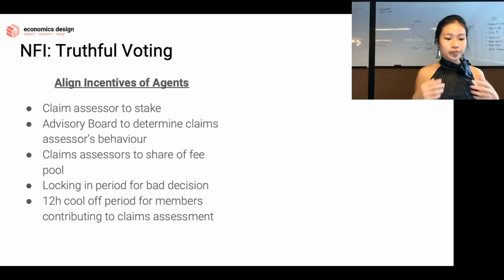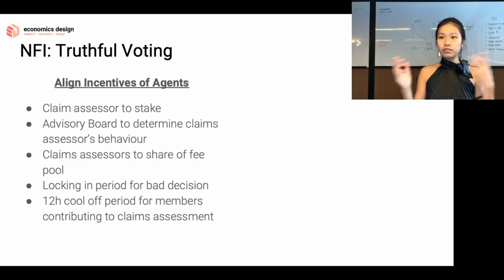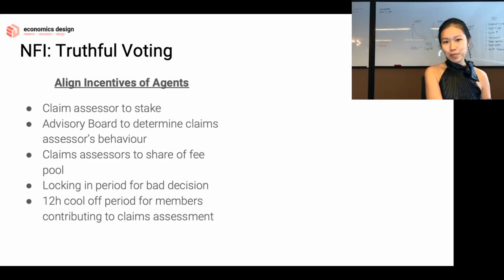So how does it work? Firstly, the claim assessor has to stake some NXM tokens. Then they will behave. The behavior is to either vote yes or no for the claims. Then the advisory board will determine the behavior of these assessors. So the assessors will determine the behavior of the smart contract, and then the advisory board will determine the behavior of these risk assessors.